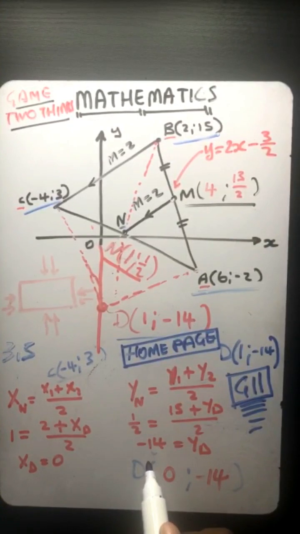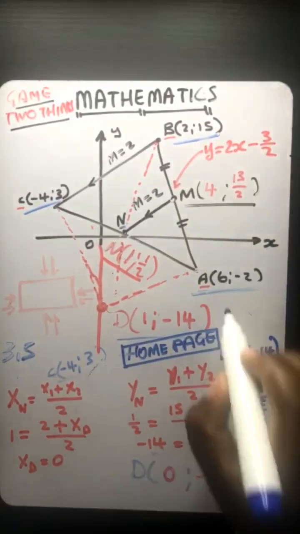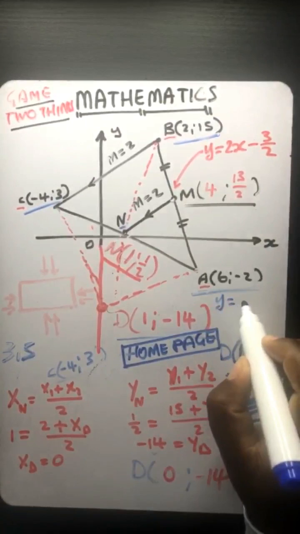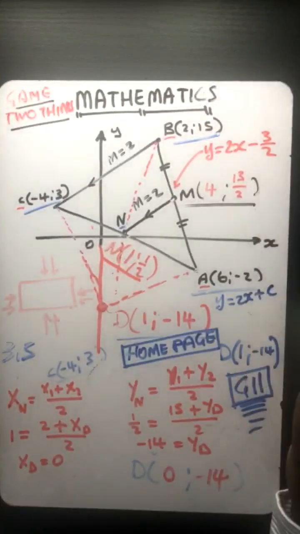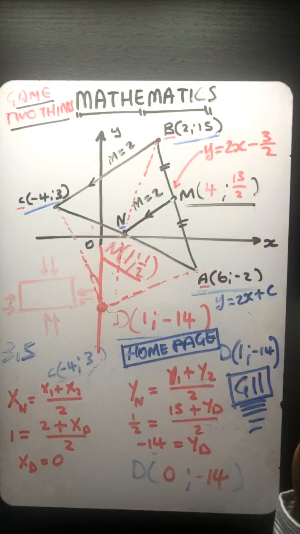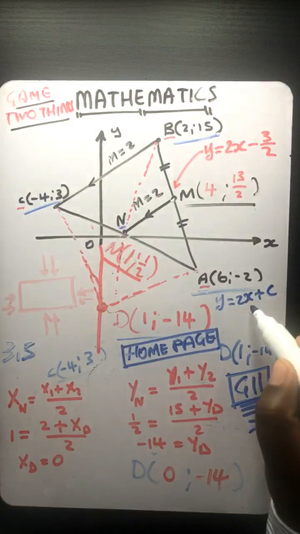I'm saying, you remember I said the gradients are equal. Then you put it on a straight line, y equals 2x plus c. And then we take the 6, which is our x value, we multiply with the x, we take the negative 2, we put it here, we put it on our y.